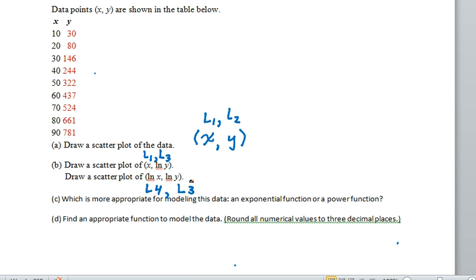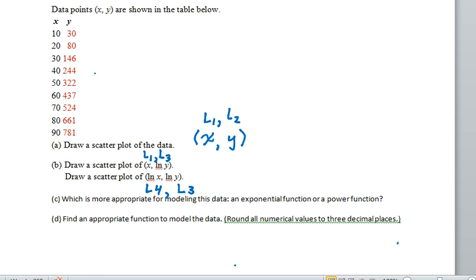So we move to the second two scatter plots and choose the one that is more linear. For that one, we will find the equation of the regression line and use that regression line together with our knowledge of logarithms and exponents to find the equation for the model of the original data.